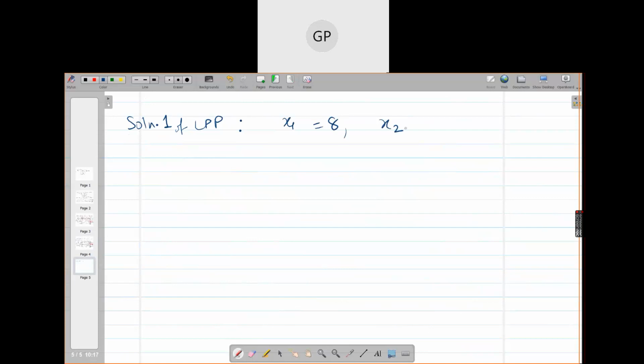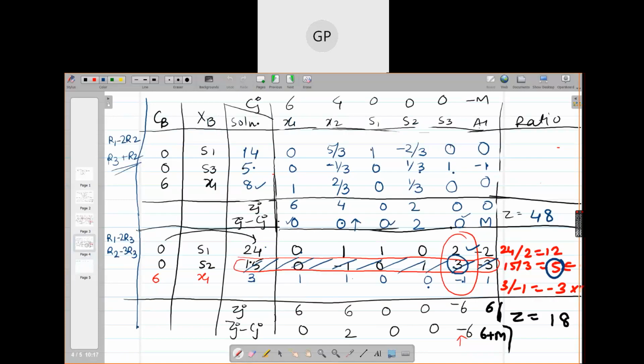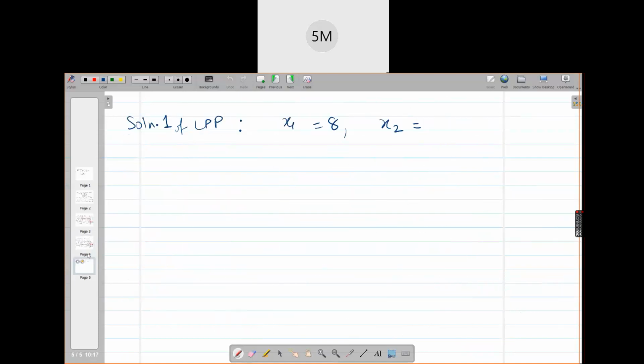Do you find x2 in the solution? No, that means x2 की वैल्यू 0 है हमारी. And what is the value of z? Maximum value क्या है z की? 48. Do you understand this?